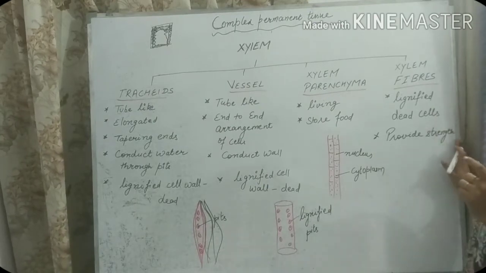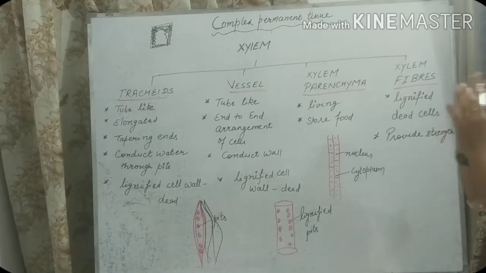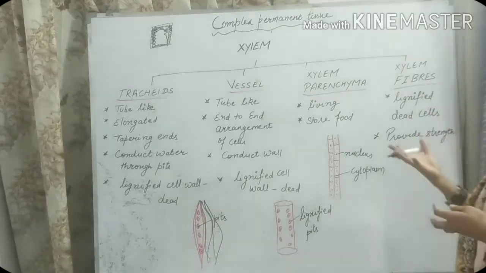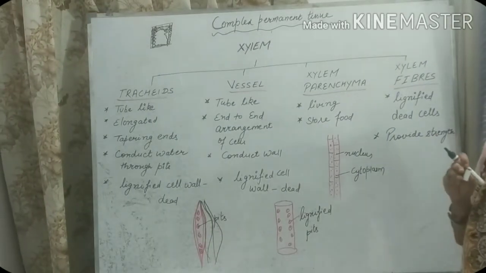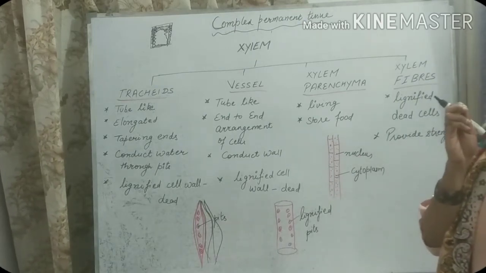And what is the role of xylem fibers? Xylem fibers provide mechanical strength to the xylem tissue. Why is mechanical strength so important here? Because xylem has to conduct water throughout the plant body, so it should be a hard tissue.